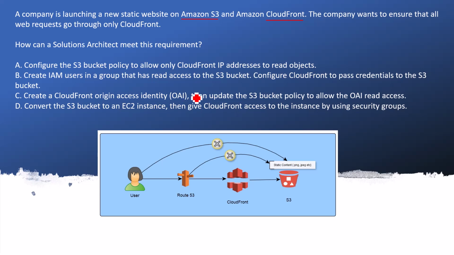The OAI concept is generally used for such a requirement because CloudFront knows what the S3 origin is, and we can provide read access through the bucket policy, so the requirement is handled automatically. So C is the correct answer, but let's talk about D.